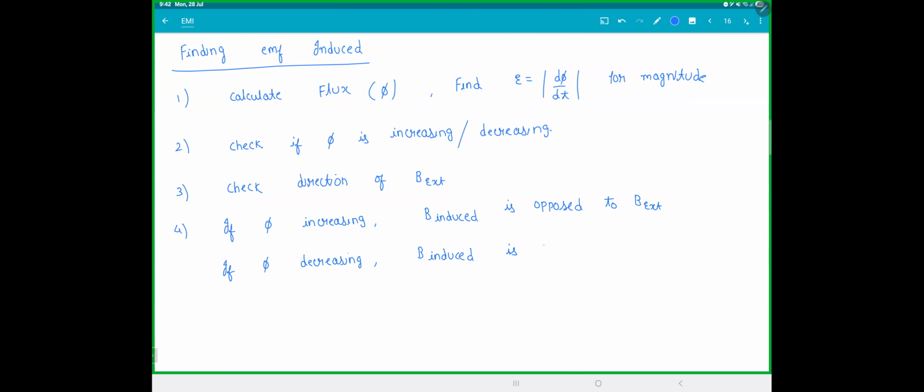If flux is decreasing, B induced is in the direction of B external. Then use your right hand thumb rule.